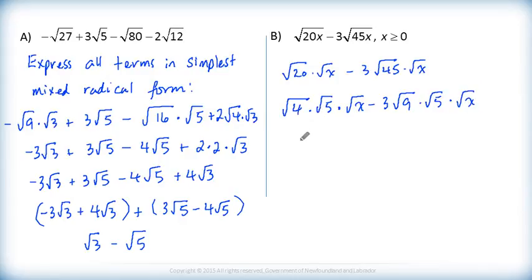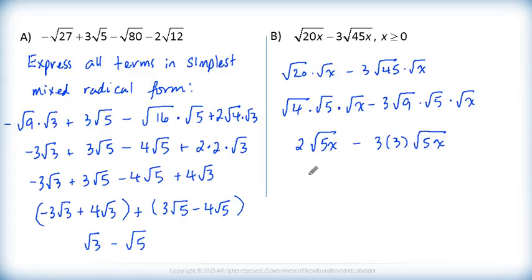Square root of 4 is 2. The root of 5 and the root of x can go back together because we can't do anything further with them, so we recombine them. And square root of 9 is 3, so we have 3 times 3, and we recombine the 5 and the x.